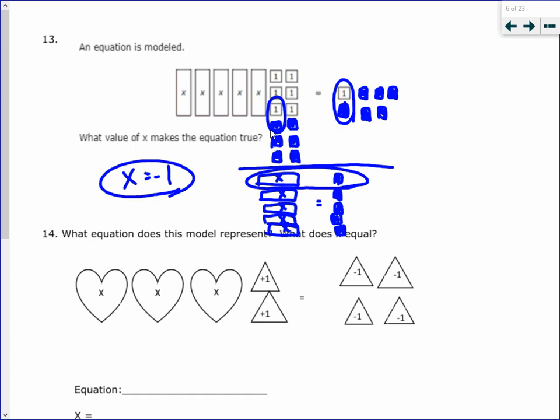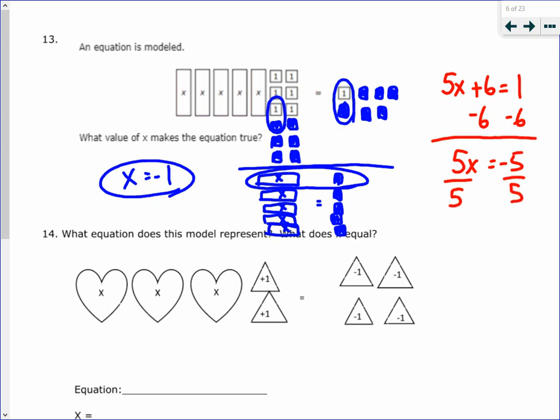I'm going to rewrite it with an equation just to check it. 5x plus 6 equals 1. We're going to subtract 6 from both sides. And then divide by 5 to get rid of that. So x is equal to -1. So it looks good. Looks like we checked it.